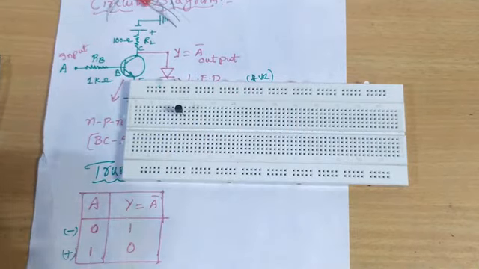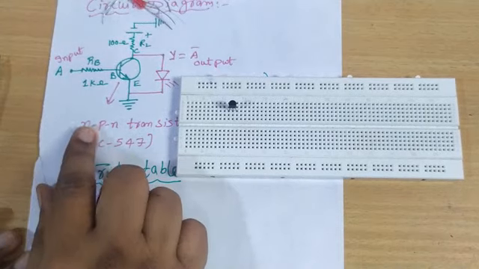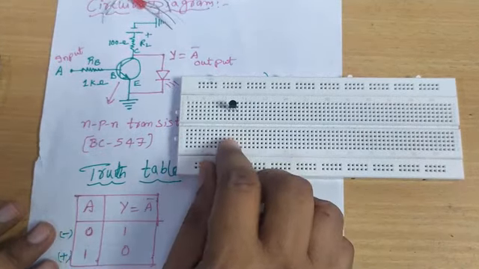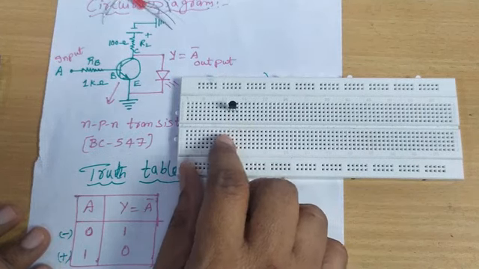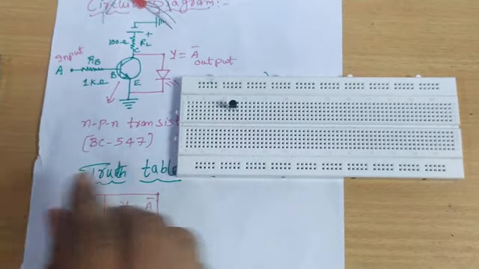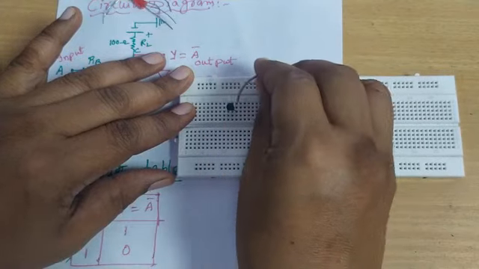According to the circuit, the emitter is connected to the negative terminal using a connecting wire.